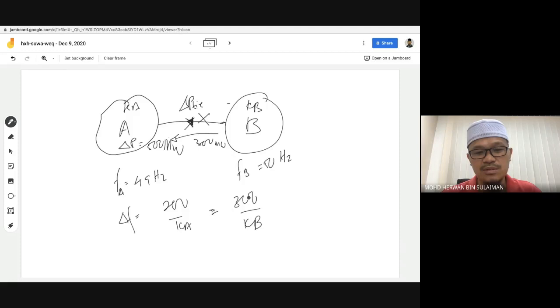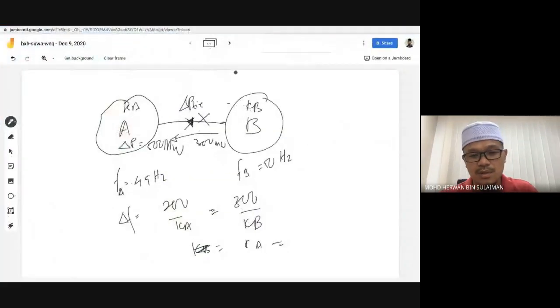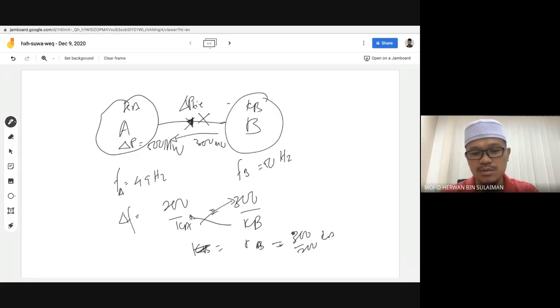You can solve this, so basically Kb equals 300 by 200 Ka, that is Kb equals 1.5 Ka.